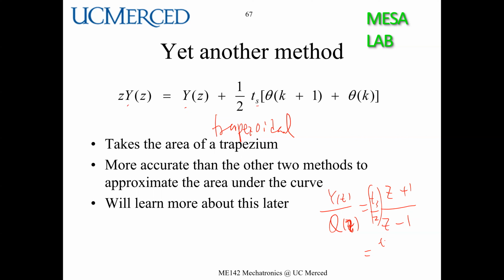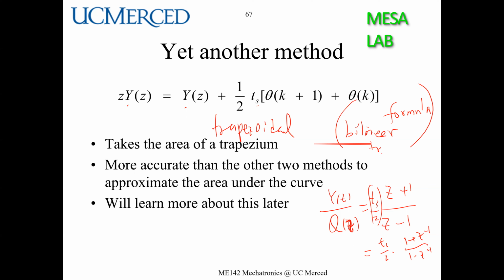Or you can write ts divided by 2 times 1 plus z minus 1 over 1 minus z minus 1. These are the same, right? This is called the bilinear transform, the bilinear formula.